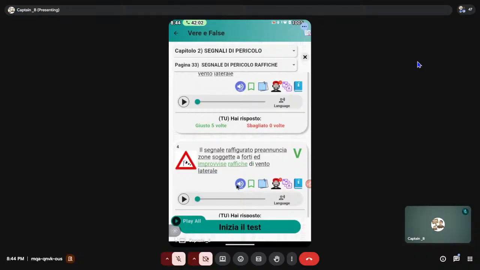Number 4. Il segnale raffigurato preannuncia zone soggette a forti ed improvvise raffiche di vento laterale. Now, you see this sign that is referring to, okay? Preannuncia zone soggette, preannuncia meaning announcing zone subject, forte e improvvisa, with force, sudden gust of wind.